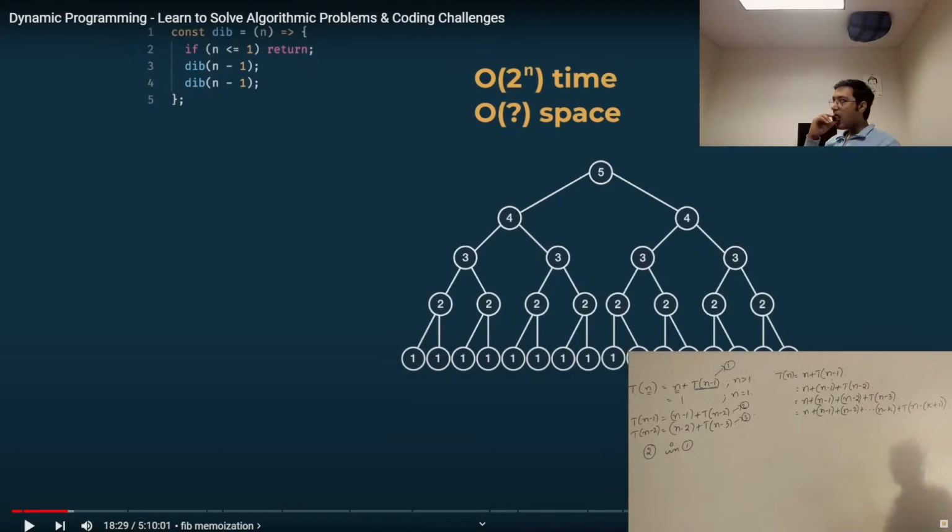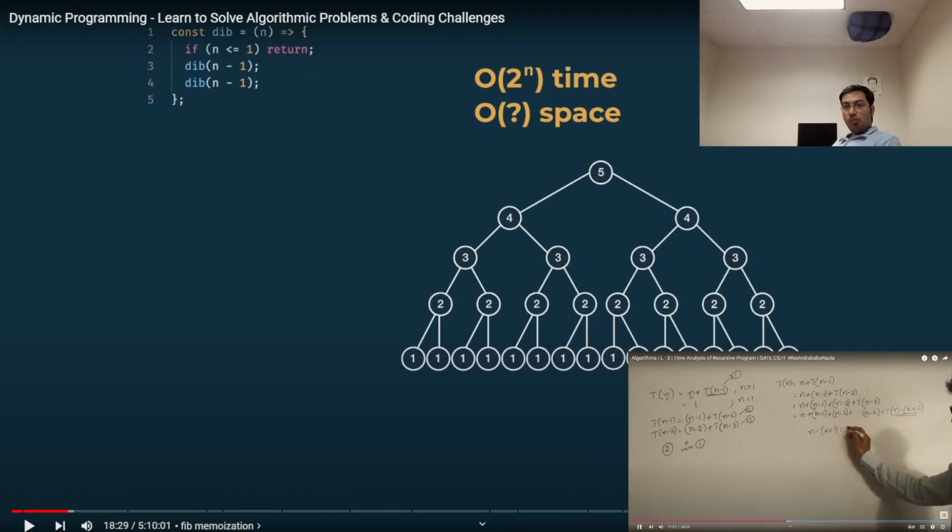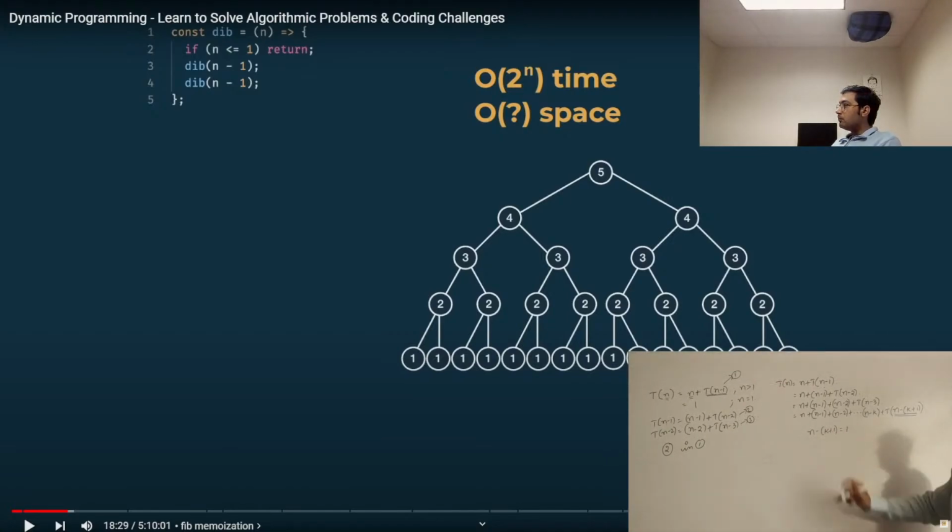Now when is it going to stop? We have to eliminate this T completely. This entire term has to be 1. If this entire term has to be 1, then what should be the value of k? That is what I wanted.